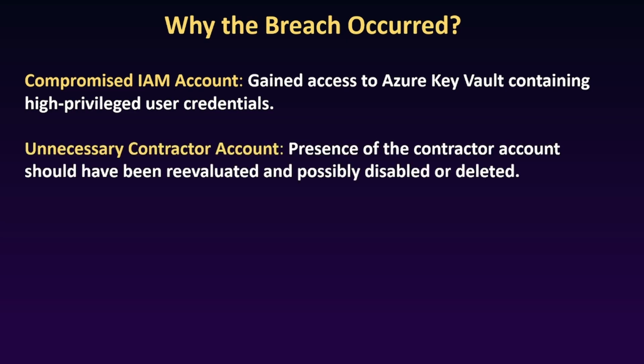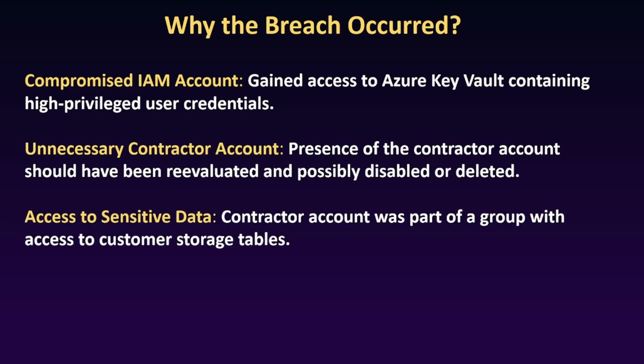And we have also seen the unnecessary contractor account. The presence of the contractor account was a critical factor here because its necessity should have been reevaluated and it could have been disabled or deleted to reduce risk, right? But Megabig Tech didn't take any action on that.